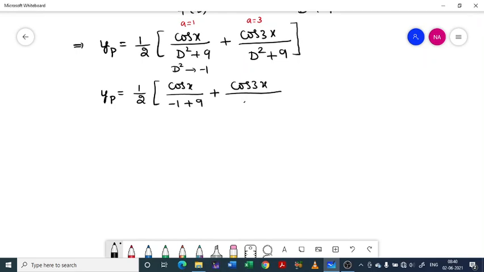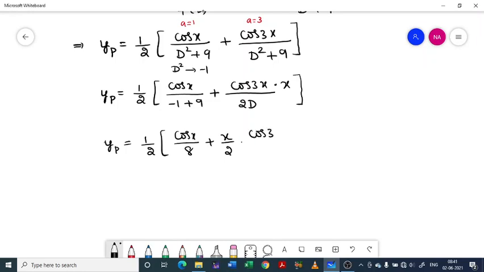So you have to differentiate the denominator, 2D, and multiply the numerator by x. Now yp equal to 1 by 2 times of the first term, no issue, cos x by 8. Second term, actually you have to take not just 1 by 2, this is x by 2, into cos 3x divided by D. Multiply it by D now.